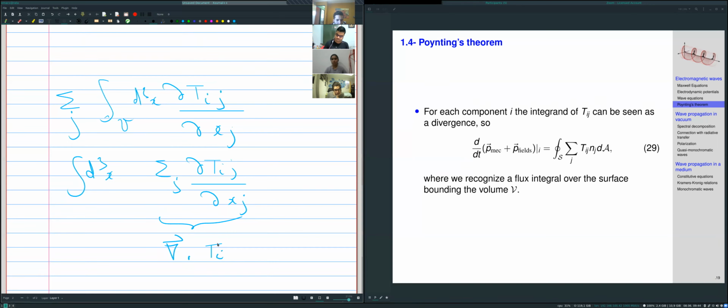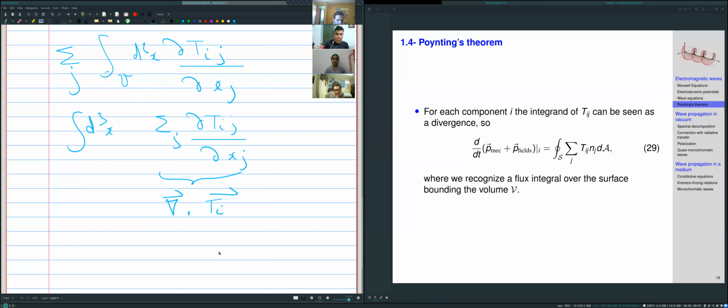I'm not sure how to write this. Probably this notation is very unorthodox. I'm inventing this vector here. The notation there will be nabla_j t_ij.